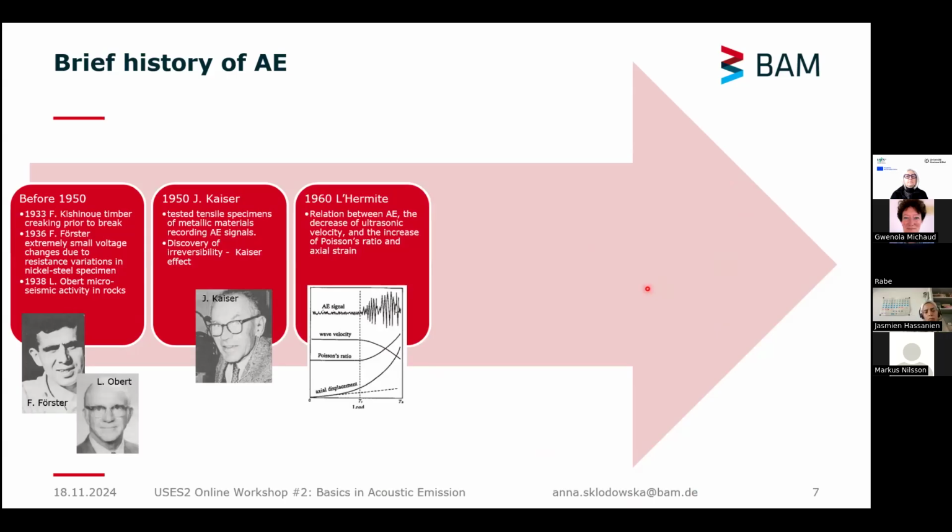The later mention was by Lemaitre, and again, sorry for my pronunciation, where he showed the relationship between acoustic emission, the decrease of ultrasonic velocity, and the simultaneous increase of the Poisson ratio and axial strain. So this was also one of the more important works in this area.